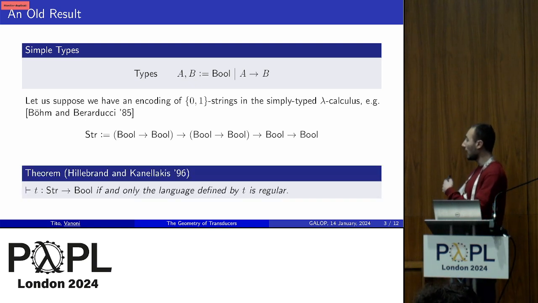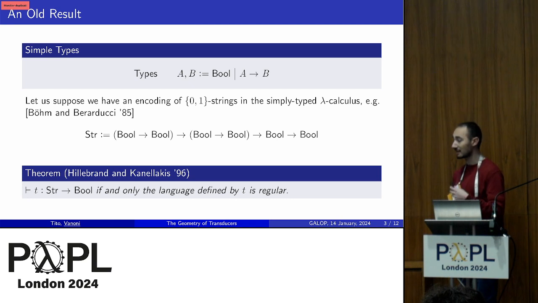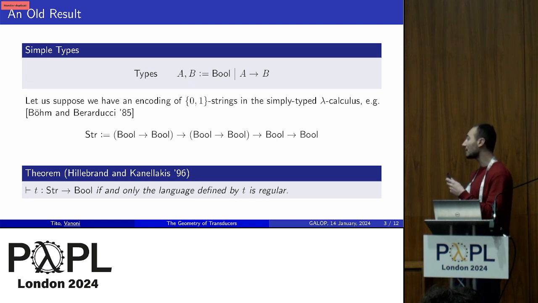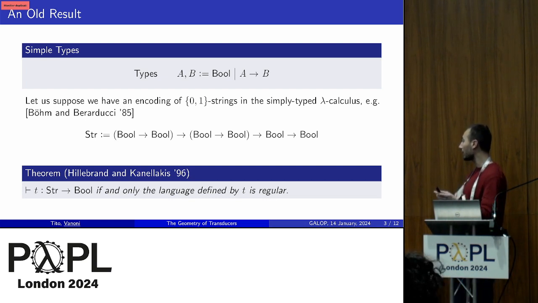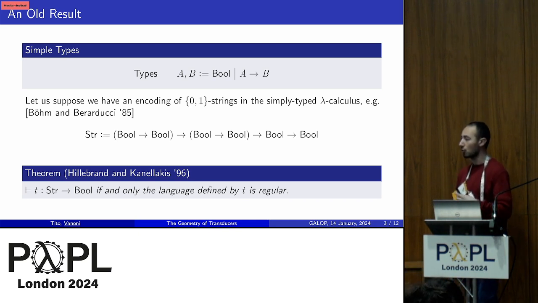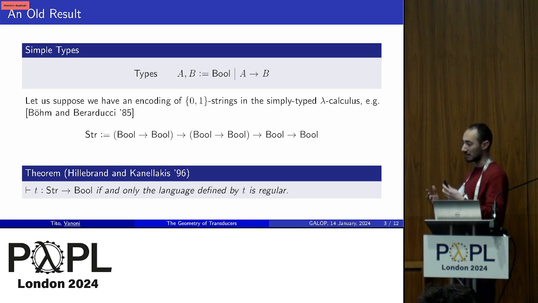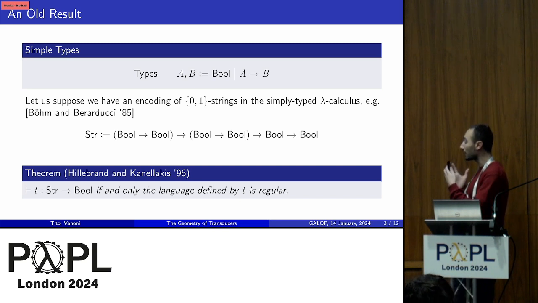And Hillebrand and Kanellakis in '96 proved that a term T is typeable with type string arrow bool if and only if the language defined by T is regular. So we can interpret a term T of this type, of course, as an acceptor of strings, and we have this characterization.